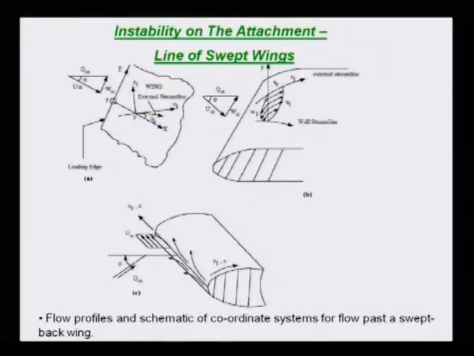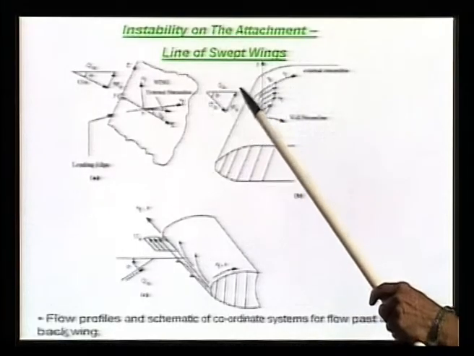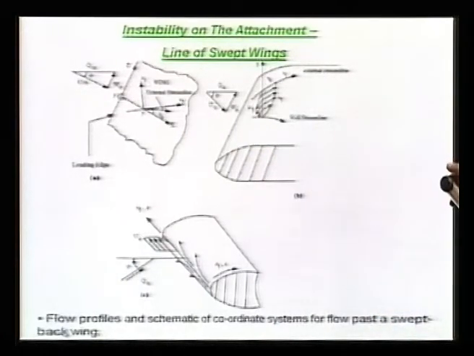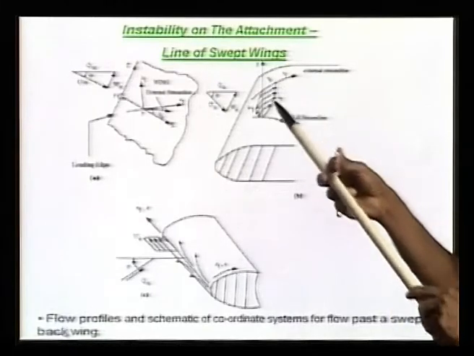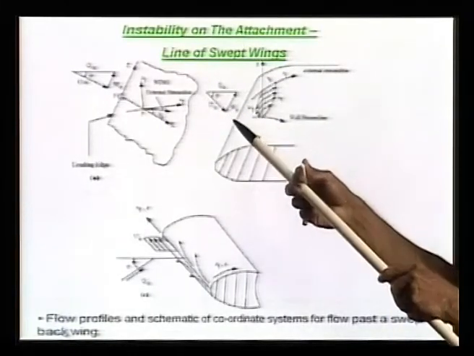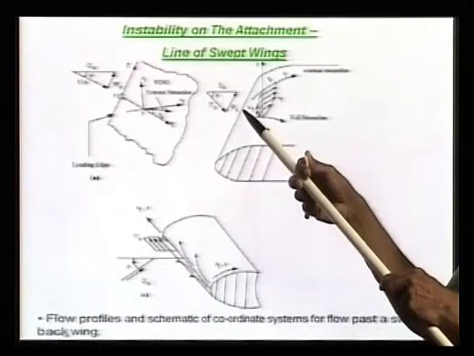There it is. Suppose you have a swept wing. We have drawn it in such a way that the actual q infinity is the total velocity vector, which has a normal component, which is u infinity, and a spanwise component along the leading edge, which I call w infinity.